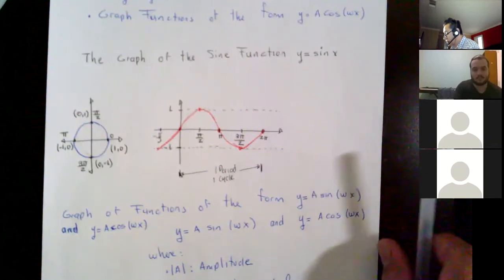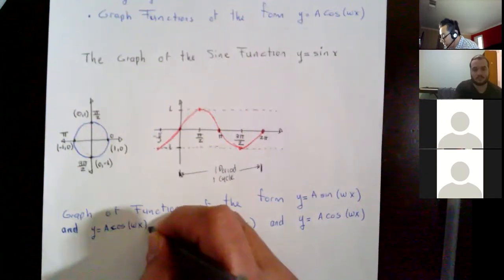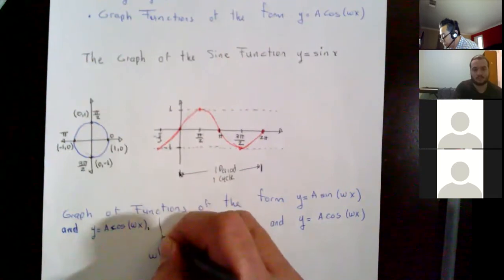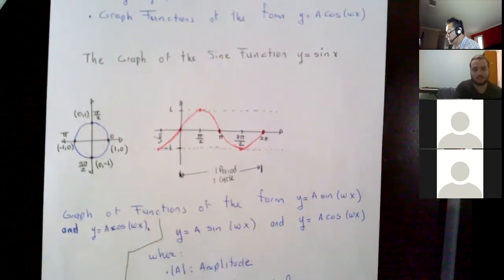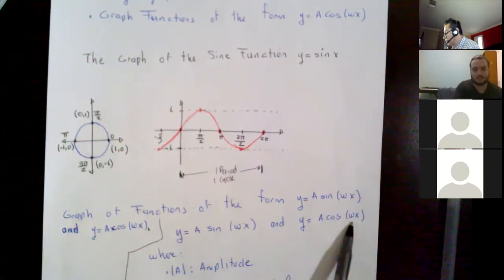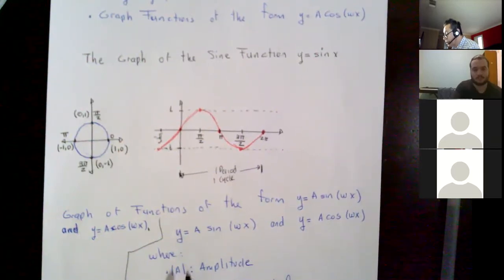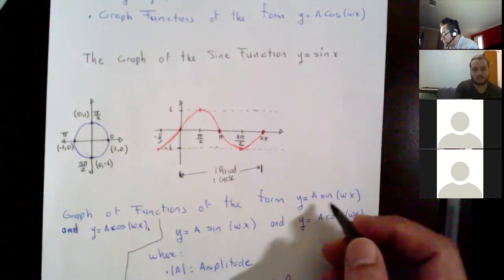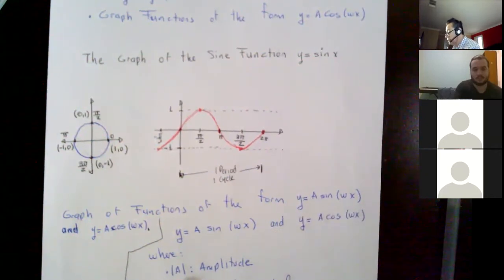So let me start right here. It says y equals a sine omega x and y equals a cosine omega x, where notice the absolute value of a, this value right here, is known as the amplitude.